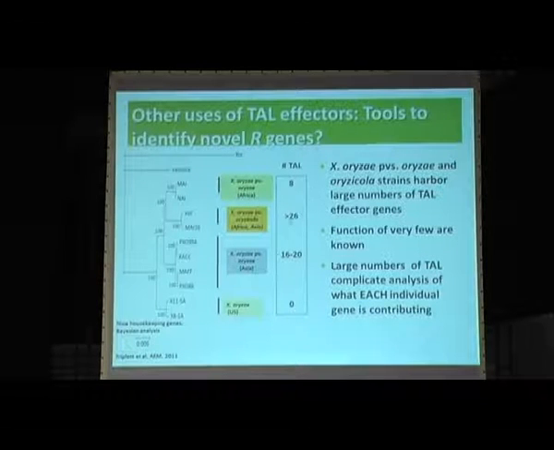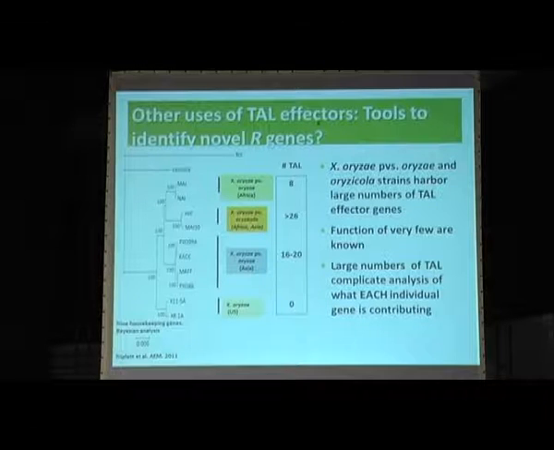So for example, in oryzae, the bacterial blight pathogen, in the sequenced genomes we see between 16 and 20 TAL effector genes within the genome, so they've amplified. In Xanthomonas oryzae pv. oryzicola, there are more than 26, in fact, way more than even in Xanthomonas oryzae pv. oryzae.